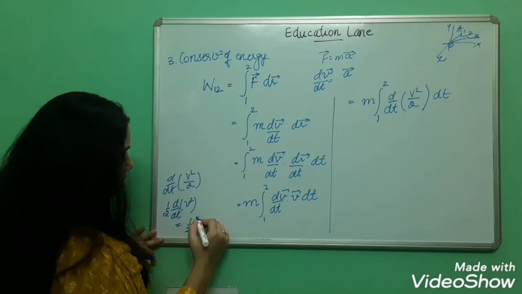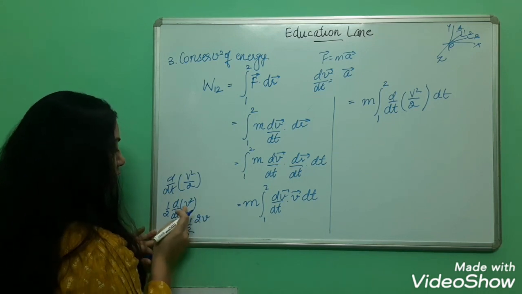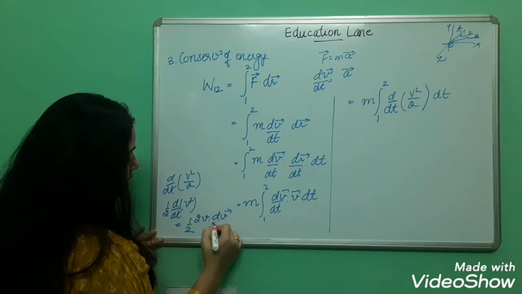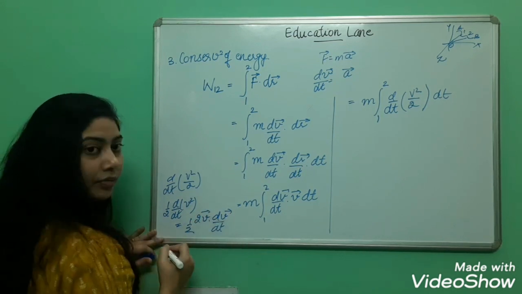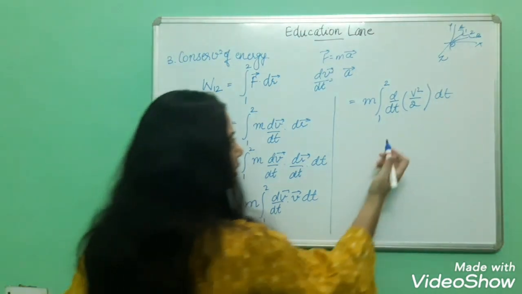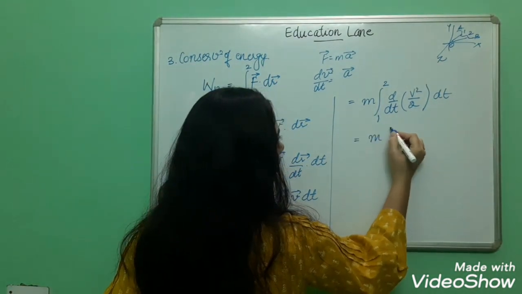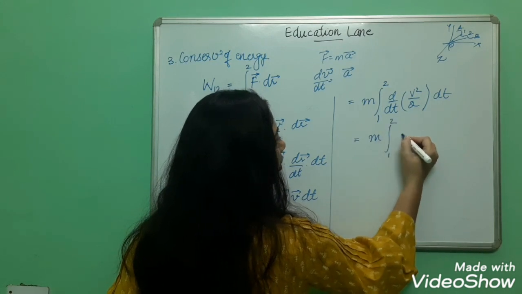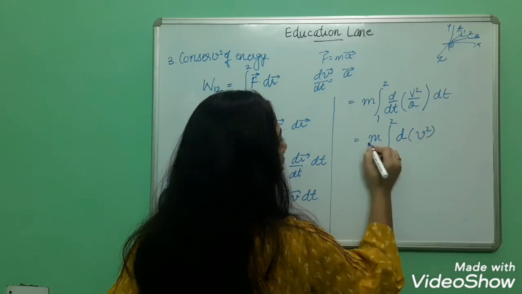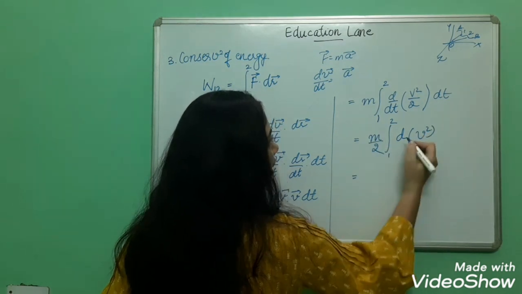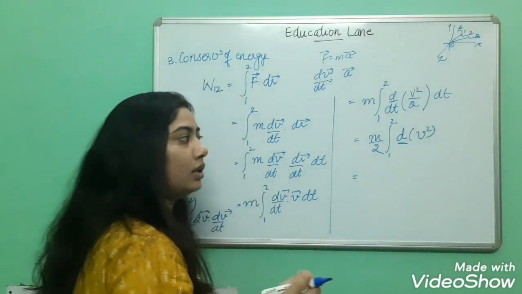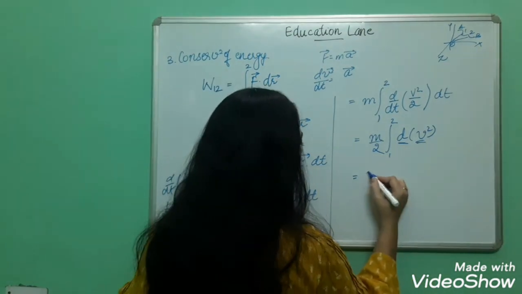I will differentiate this; this will become 2 because v is a vector, so v dv by dt. The 2 and 2 cancel, and this is the same. Differentiating and integrating at the same time will get you the same result.